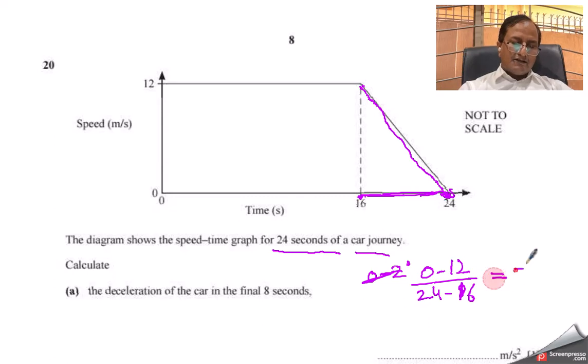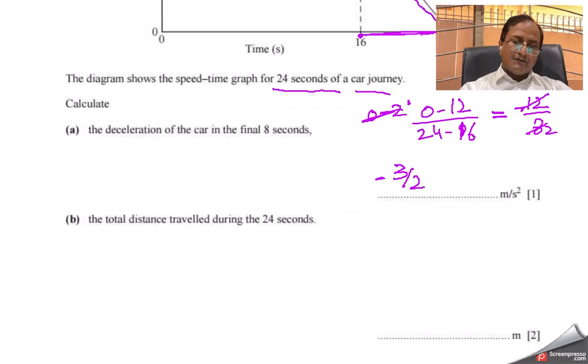That is negative 12 by 8, which is negative 3 by 2, or 1.5. This is the deceleration.